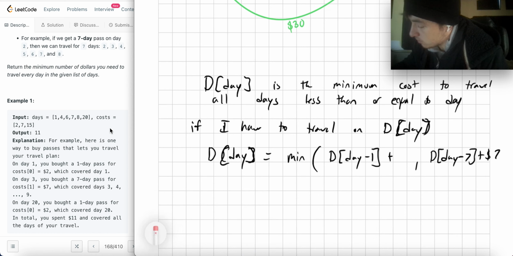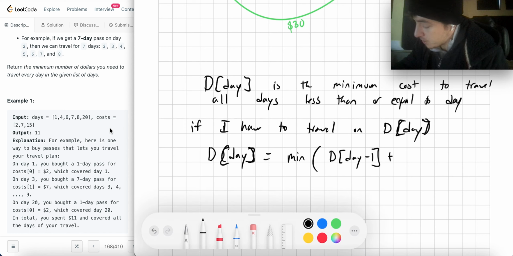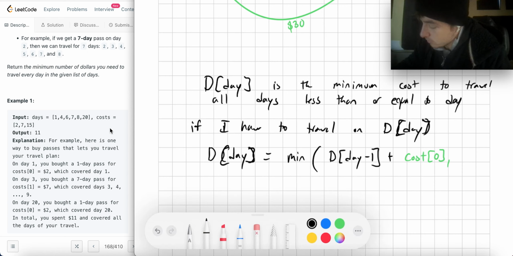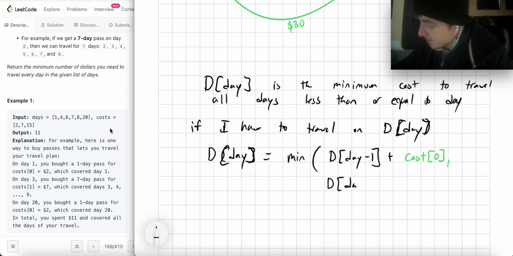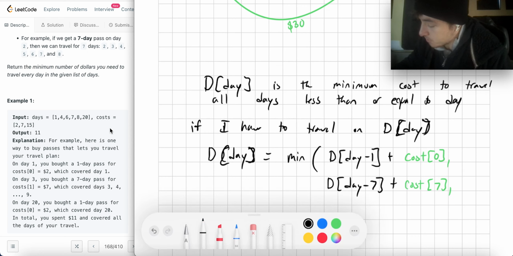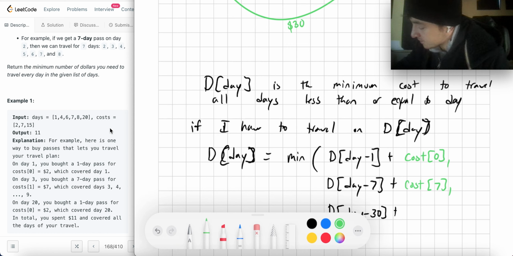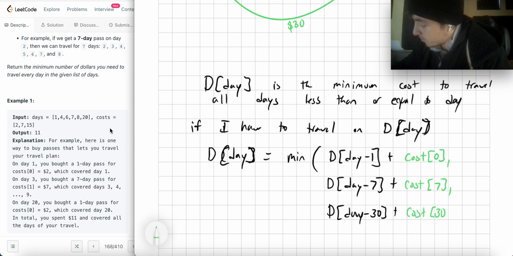So maybe let's make this more generic. So this would be cost 0. We could do the day -7 for a 7-day pass, and that would be the cost of the 7-day pass. Or we could do D of day of the 30-day pass, and that would cost the 30-day pass.